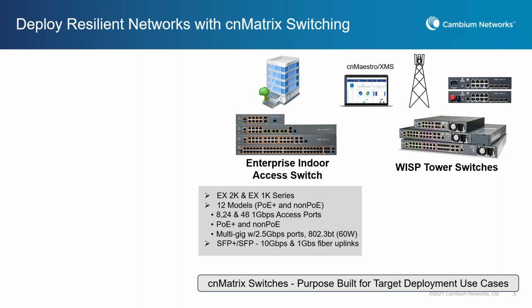So this hybrid solution gives you enough 2.5 gig ports for, let's say, your high-end Wi-Fi access points. And then it also gives you 1 gig ports for your typical connections to the printer and things like that. Now these 2.5 gig ports on this one switch, I'm kind of highlighting this switch right now, also support 60 watts of PoE.